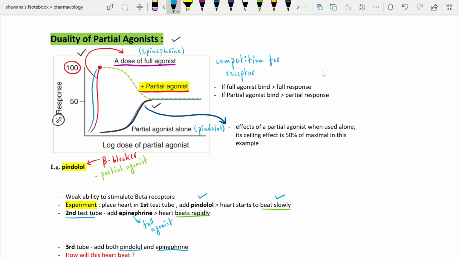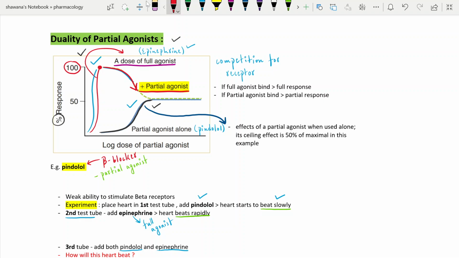When we add epinephrine alone, there is 100% of the response, and when we add the partial agonist, pindolol, alone, the effect is 50%. But when we add pindolol to the epinephrine, the slope starts to decrease. It's very important to remember that when we add a partial agonist to a full agonist, the slope starts to decrease.